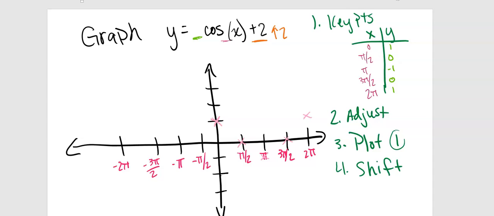So all of my light pink x's need to move up 1, 2 units. I'm doing that for all of those points. Then I can draw my function.